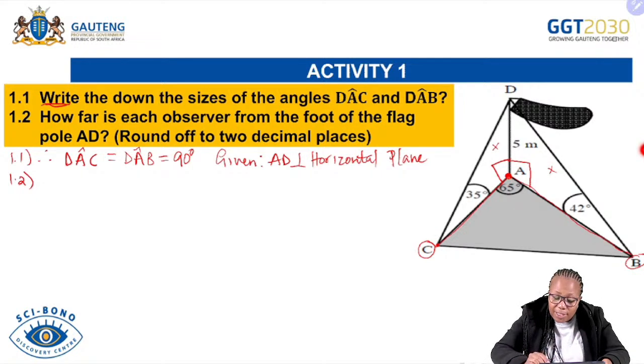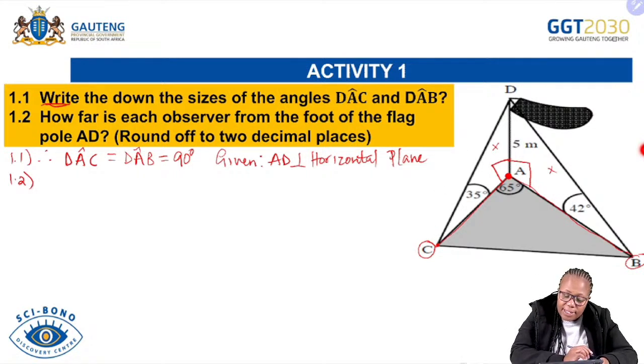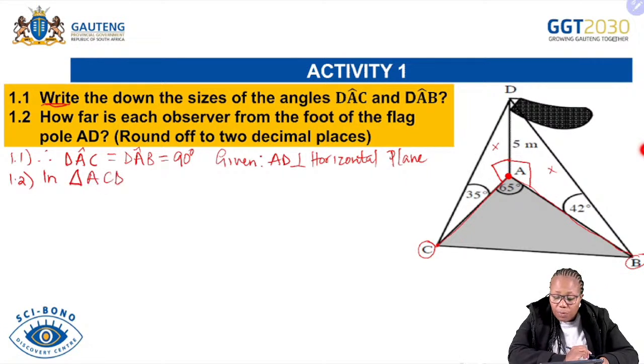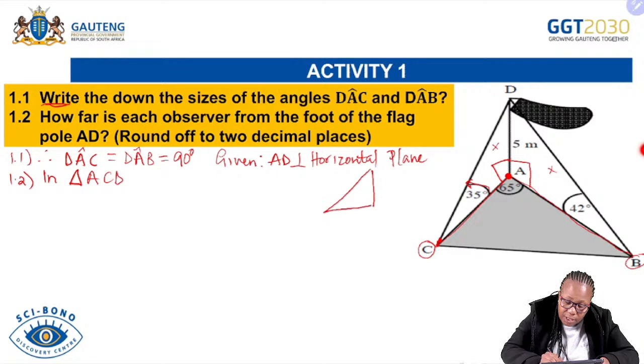Now let's look. We want to calculate AC, all right? Can you see AC lies in triangle ADC? So in triangle ACD, we are looking for side AC, standing at angle C here at 35 degrees. Let's see what is also given to us, that 5. Let's dismantle this triangle that we are referring to and take it out here.